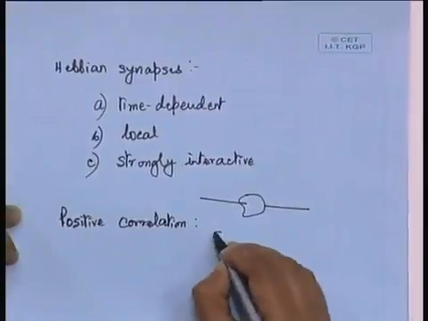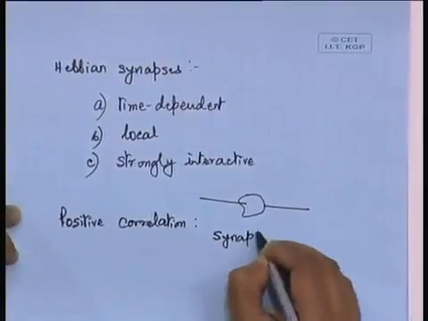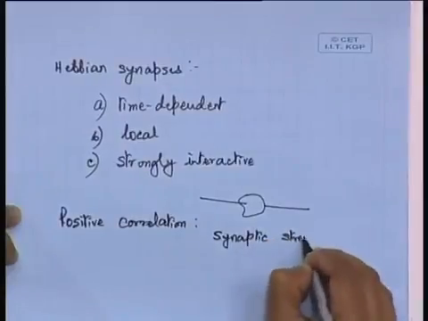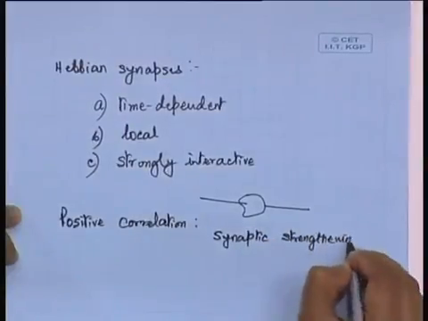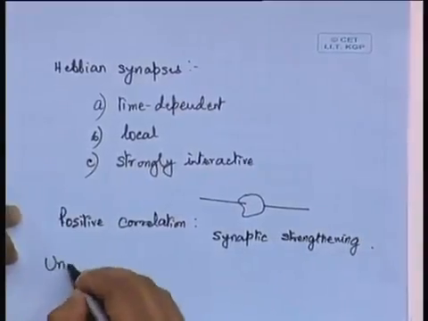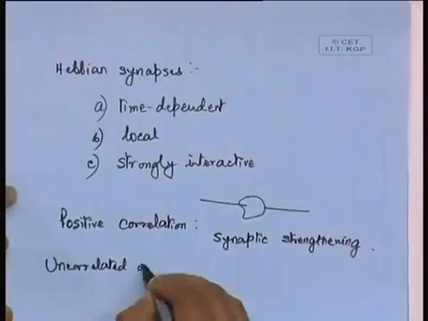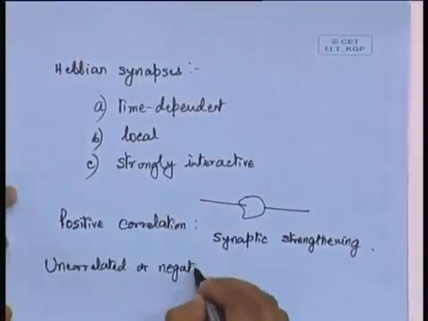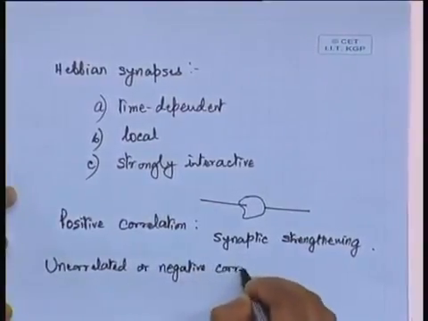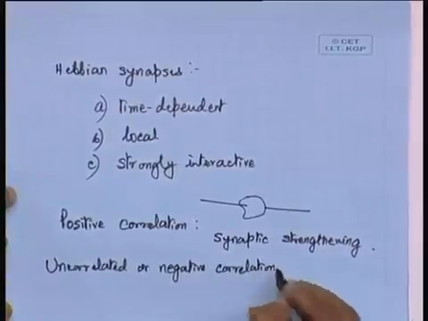Now, as we had already shown, if the presynaptic and the postsynaptic neurons happen to be positively correlated, then the positive correlation leads to a synaptic strengthening, whereas if they happen to be uncorrelated, in the sense that one does not affect the other, or negatively correlated. Supposing we define a binary state of the neurons, it could be in the +1 state or -1 state.